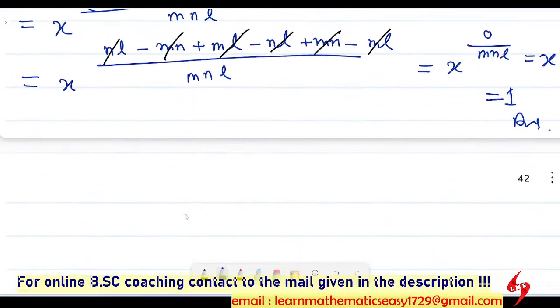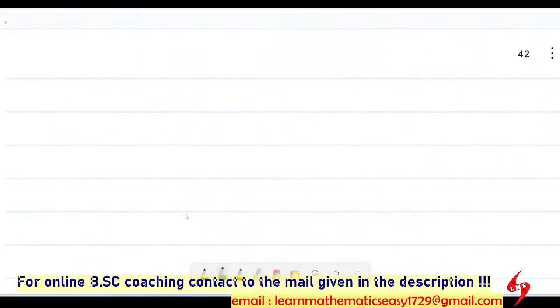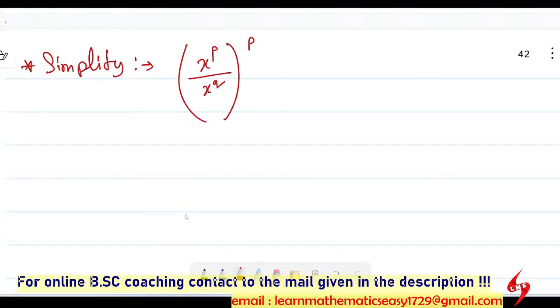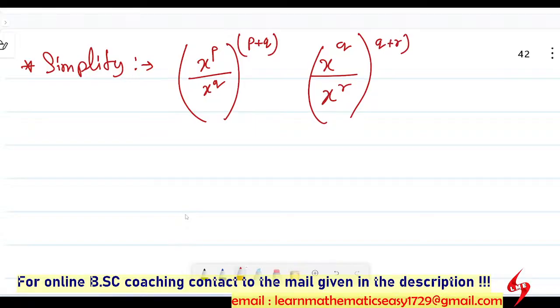Okay, this is your task. Simplify this. x to the power p, x to the power q, x to the power q, x to the power r, and x to the power r, x to the power p.